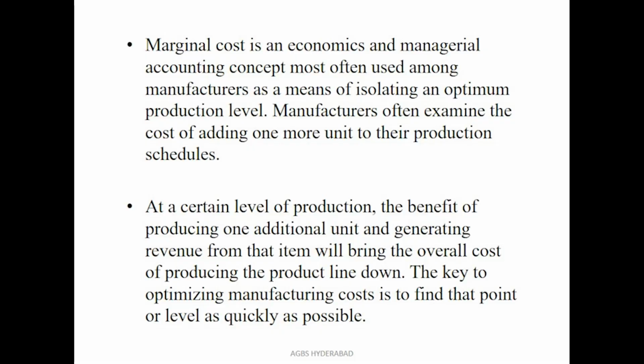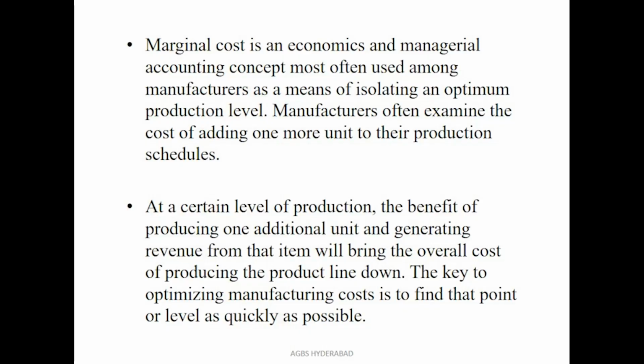What is optimum? It is nothing but the best possible level of production. So, manufacturers often examine the cost of adding one more unit to their production schedules. So, one more unit, how much is the extra expense? That additional cost is marginal cost.